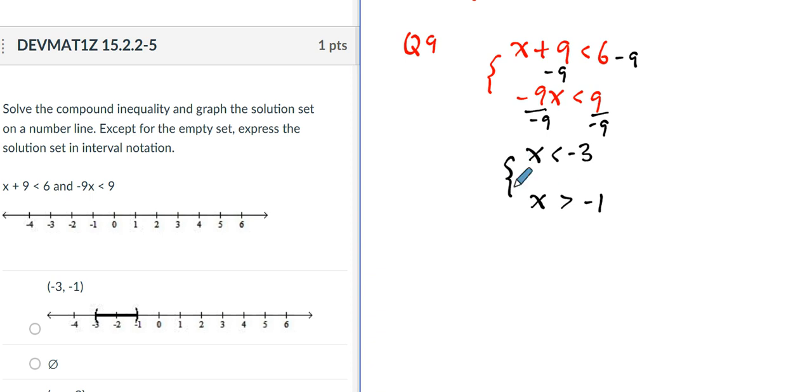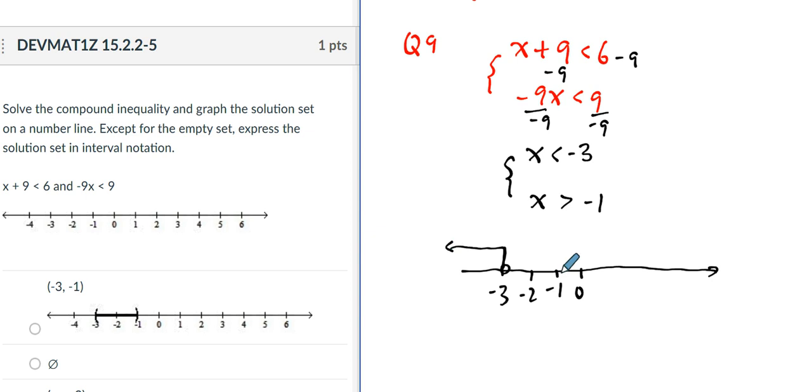Okay. Now, see if they have a common part. Let's say 0 is here, and then here is -1, -2, -3. We locate -3, and -3 is not included, no equal sign here. So all the numbers less than -3 are -4, -5, and so on.